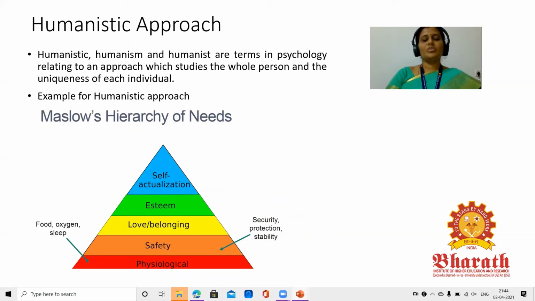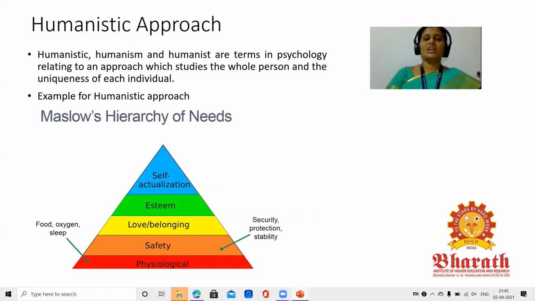For any human being, that is the foremost important need: food, shelter, and clothing. Without that, we cannot survive in society. Once the basic need is fulfilled, next we look for a safety need, that is the security and protection of our family members.